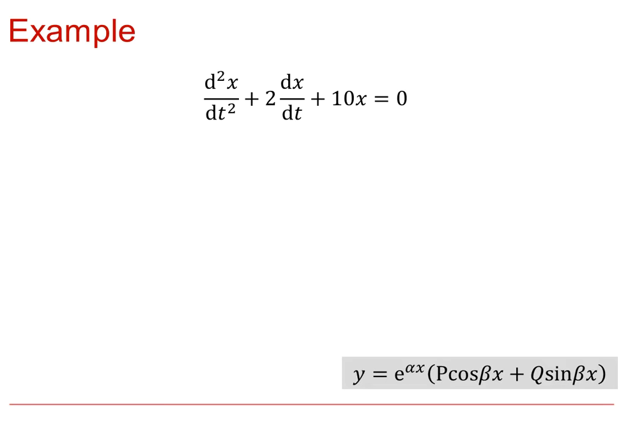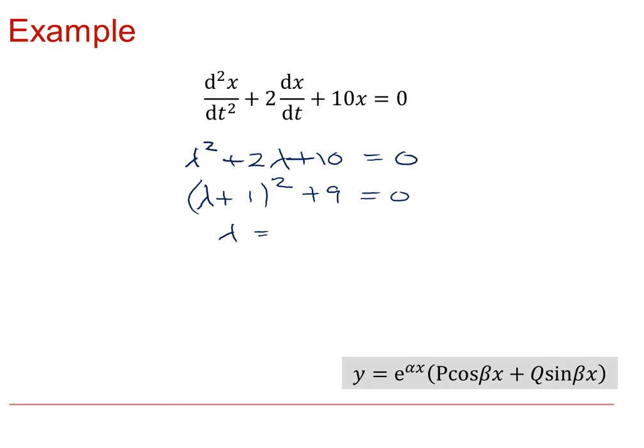If we consider the auxiliary equation method using lambda, we would get an auxiliary equation lambda squared plus 2 lambda plus 10 equals 0 for this example here. If we complete the square, we get (lambda plus 1) squared plus 9 equals 0, and then lambda equals minus 1 plus or minus 3i as the two complex roots.